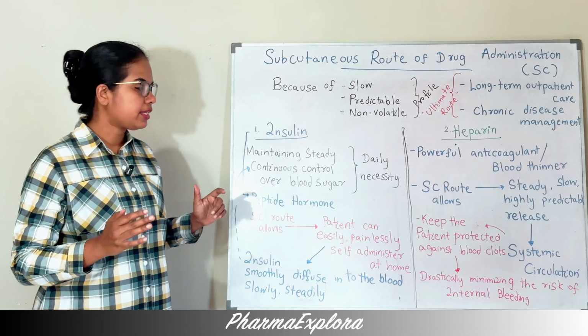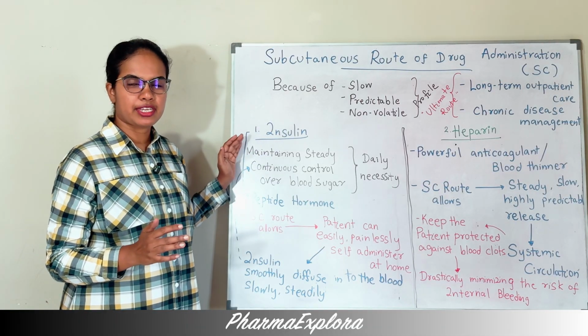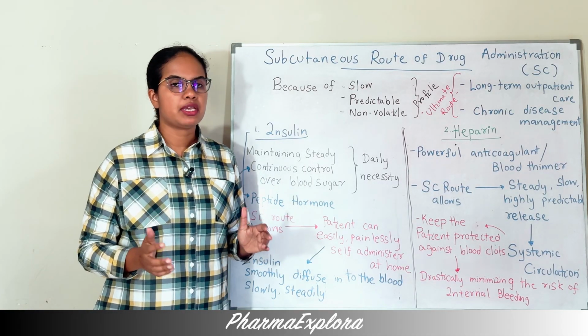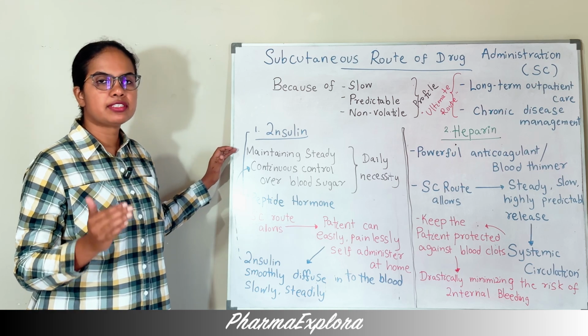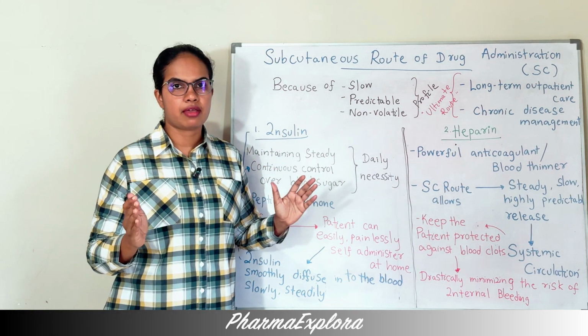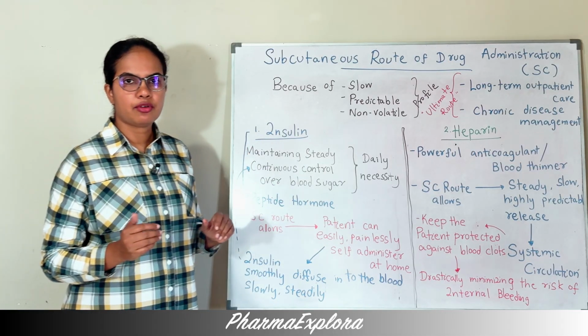So let me explain it again. Our first example is the famous insulin. When it comes to managing diabetic patients, maintaining steady, continuous control of blood sugar is a daily requirement. But we know insulin is a peptide hormone.